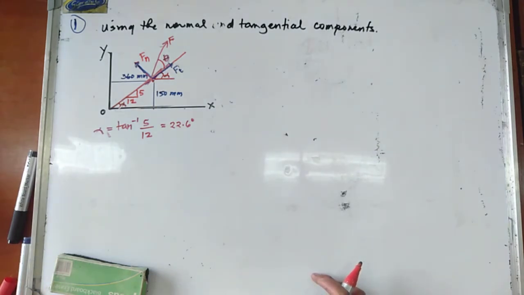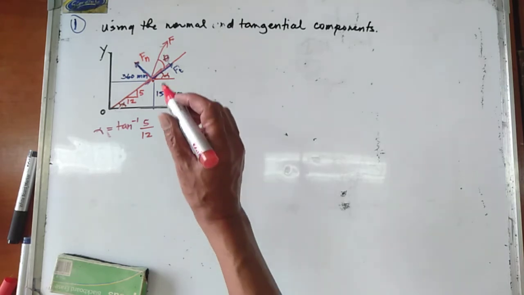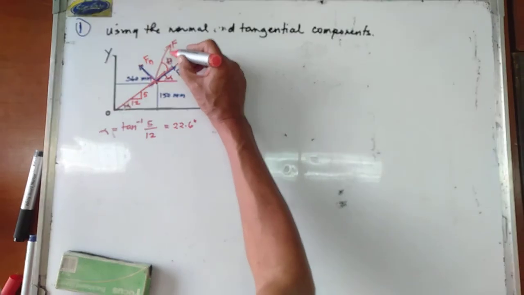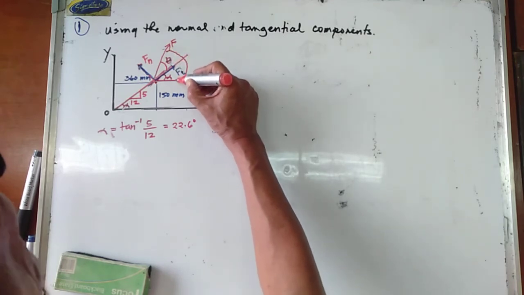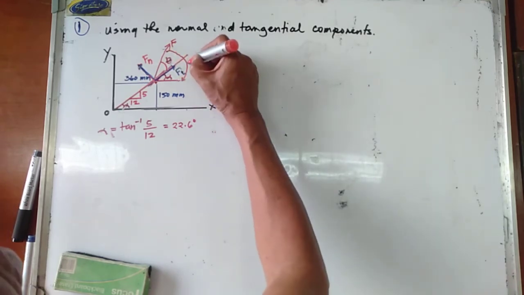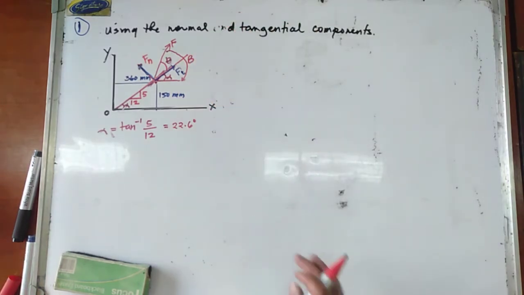So let us try to consider now that this is your tangent, or I'm going to consider that this one in here is an angle beta.